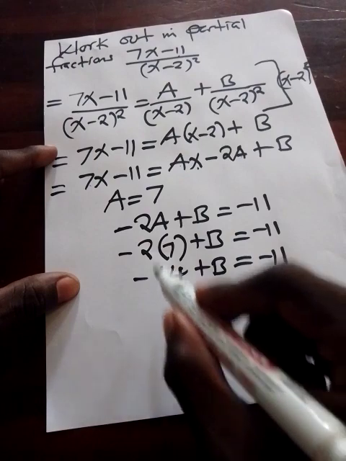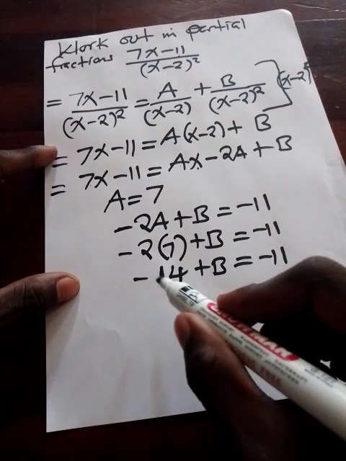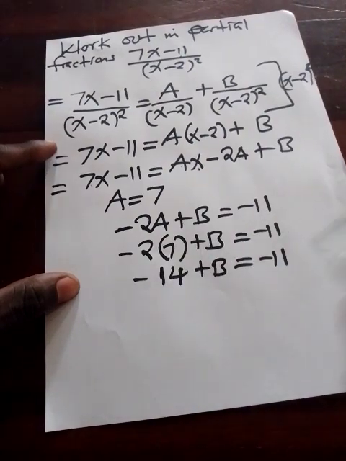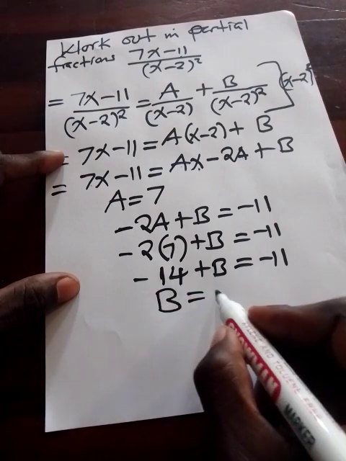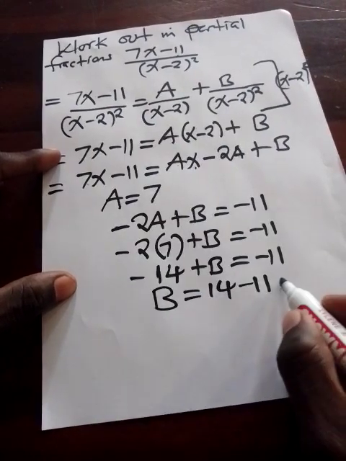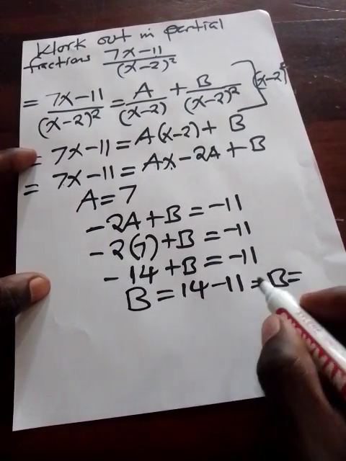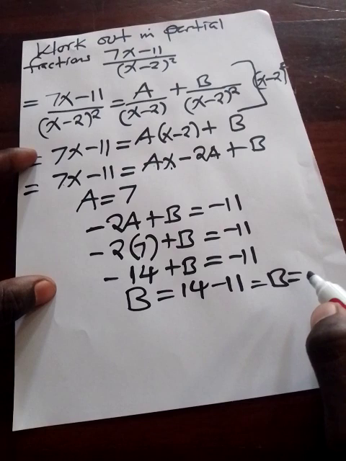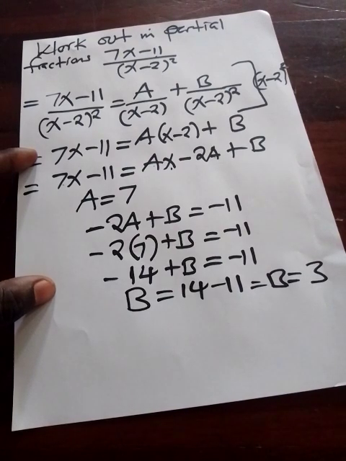Once it goes onto the other side, we take its additive inverse, meaning that if it is negative, it turns out to be positive. So we have B remaining alone, which is equal to positive 14 minus 11. 14 minus 11 is 3. So B is equal to positive 3.